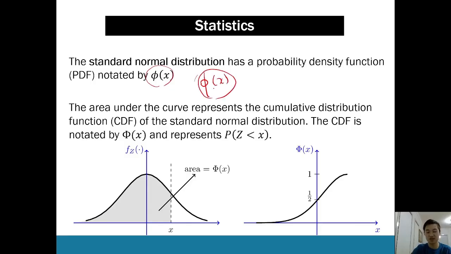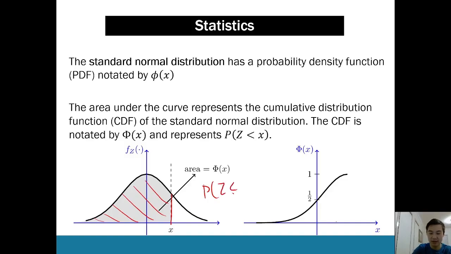This function represents the probability density function of the standard normal distribution. And the area under the curve will give you probability, remember? So the probability that z is less than or equal to x is the area to the left of that.